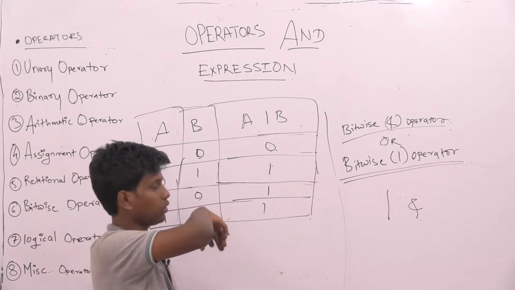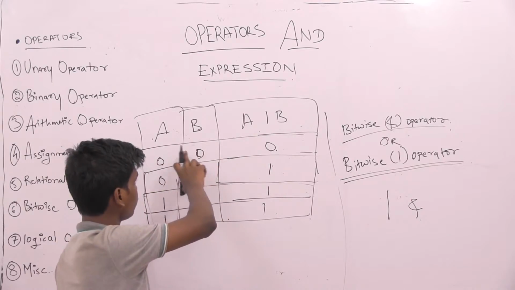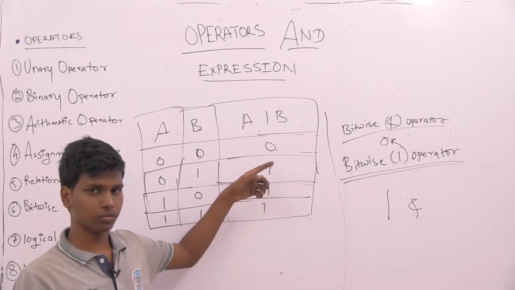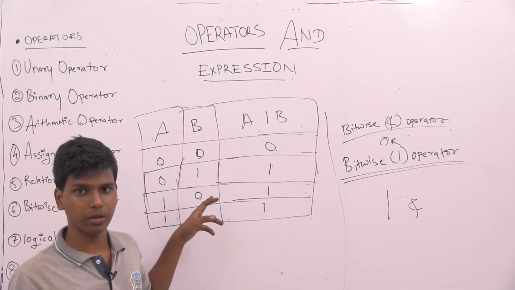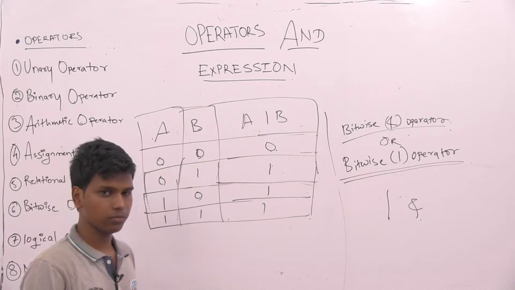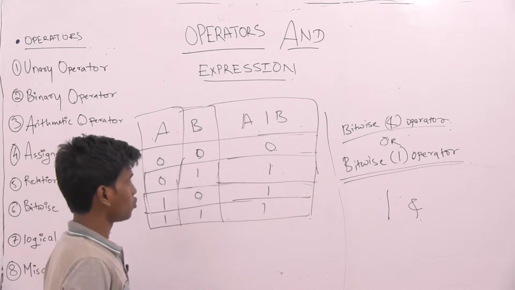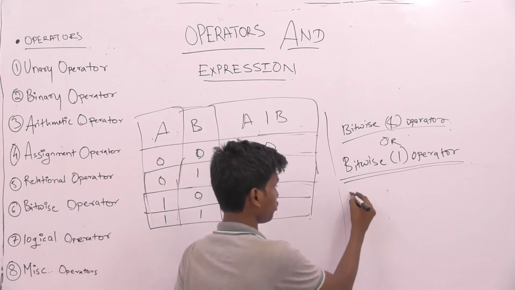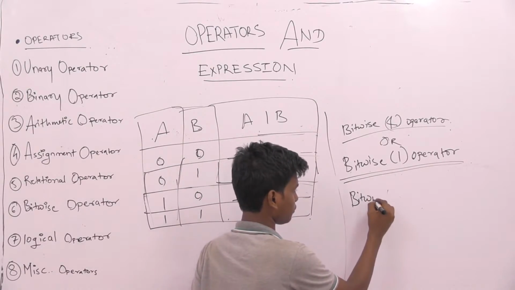In the bitwise OR operator the conclusion is that if both the values are 0, then the value becomes 0, and if any of the values is 1, then the value becomes 1. So let's study the next type of operator, that is the bitwise XOR operator.